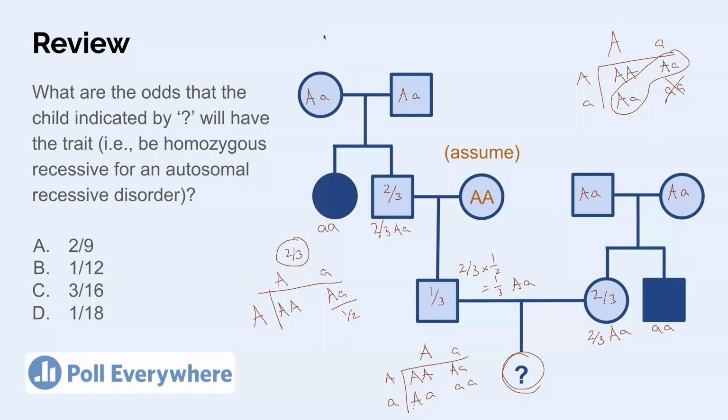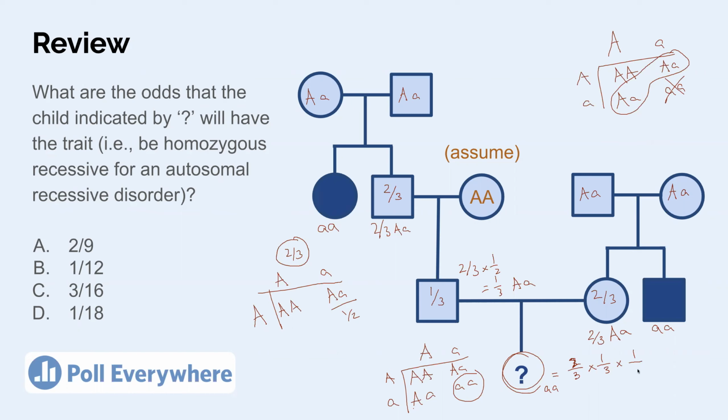All right, what are the odds that the child will be homozygous recessive? That's a 1/4 chance here, but that depends on two other things happening. Basically, the chance of that being homozygous recessive is the chance that mom is heterozygous, 2/3, times the chance that dad is heterozygous, that was 1/3.